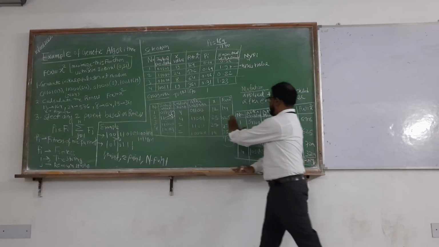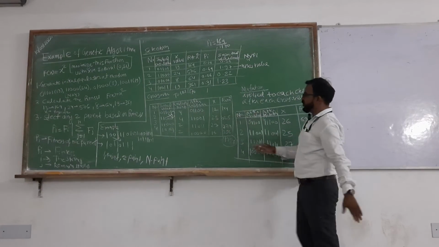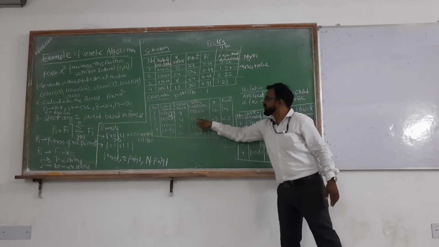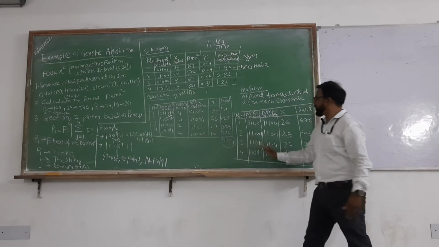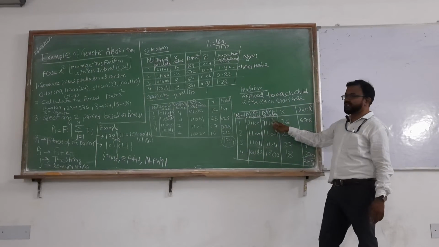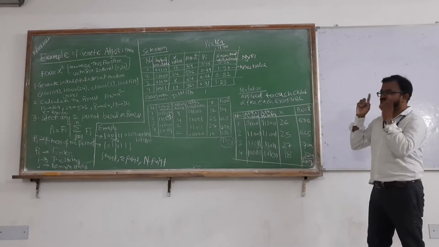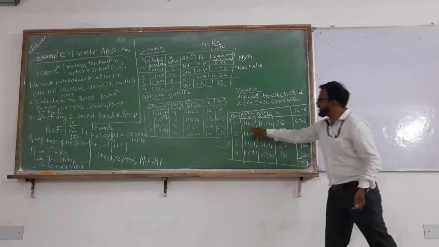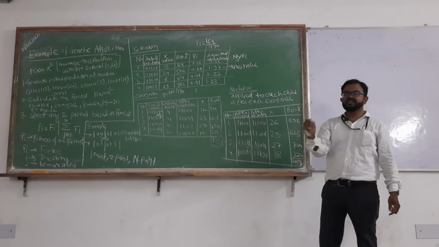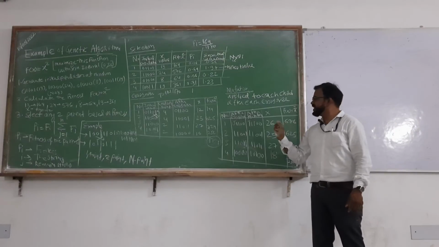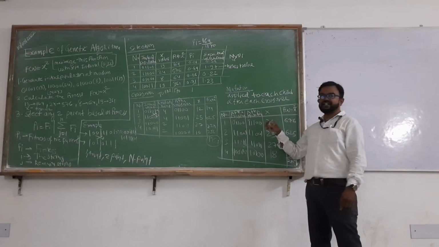At the mutation, the input will be the values after the crossover. These are the values, we have put them down, and we have to apply the mutations. How do we apply the mutations? We can apply the mutation by randomly changing any one single digit. If you randomly change any single digit, it is called mutation.